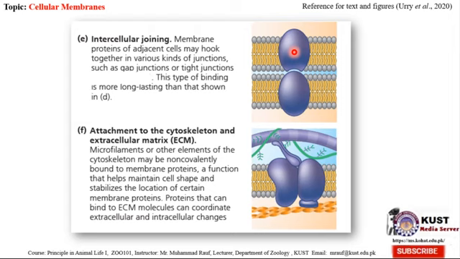Now another function of the plasma membrane proteins is, of course, their role in providing a proper shape to the cell. They are in association with the cytoskeleton on the inner side and with the extracellular matrix on the outer side, and thereby play a role in giving a proper shape to a cell.